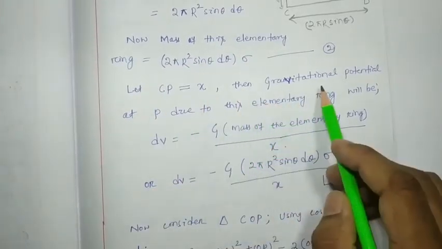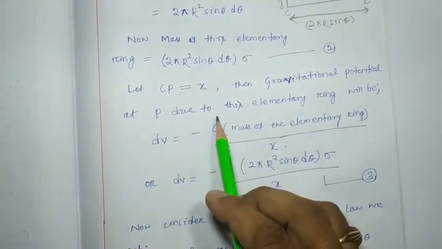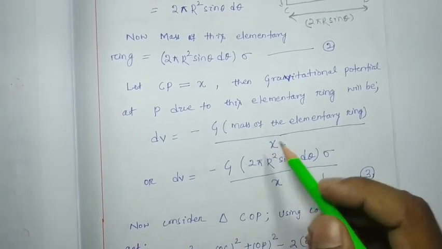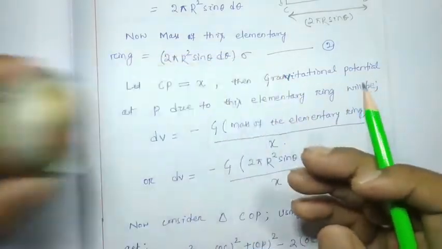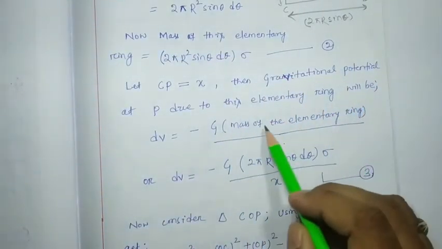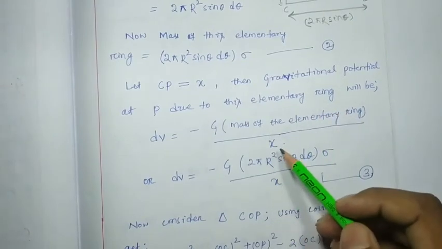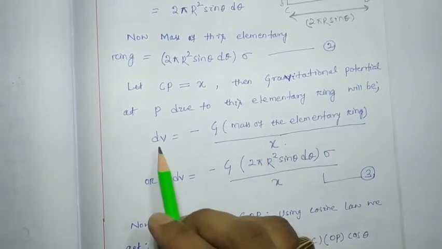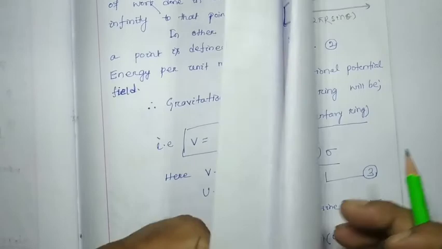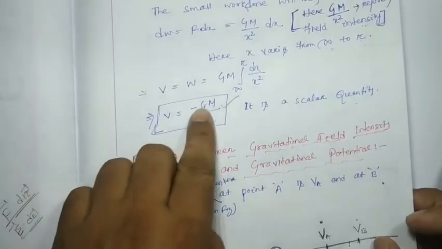Then the gravitational potential at P due to this element will be minus G mass of the elementary ring divided by x, because we know that dV equals minus GM by x. In our previous class we discussed minus GM by r.